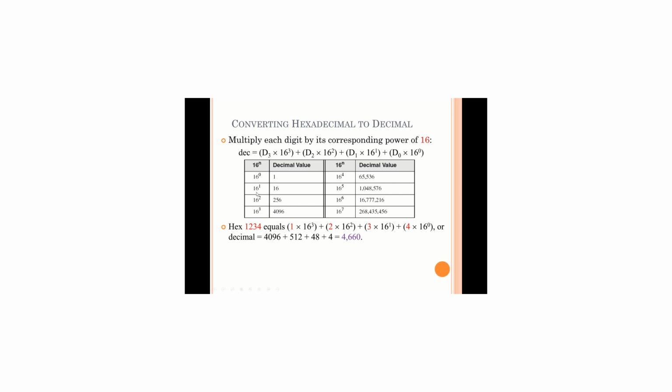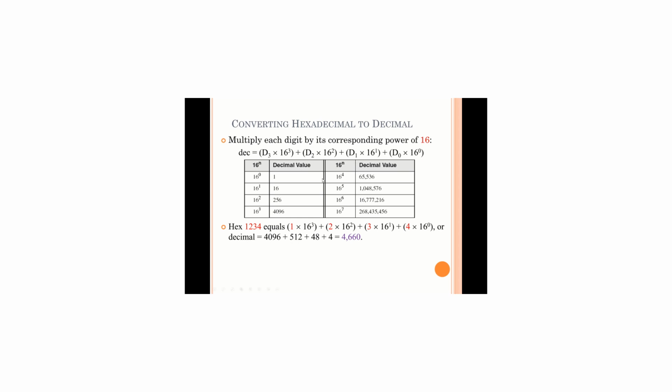The next one is 16 to the power of 1, that's 16. 16 to the power of 2, which is 256, and so on and so forth. Then you basically take the digit in a place, multiply by the place value of that digit, and add them all up, just like what we did with decimal, just the same as what we did with binary numbers.